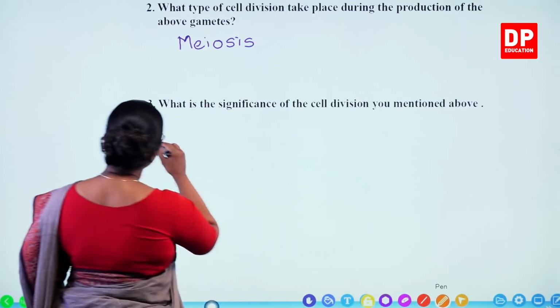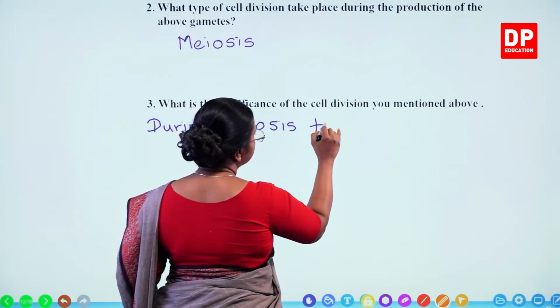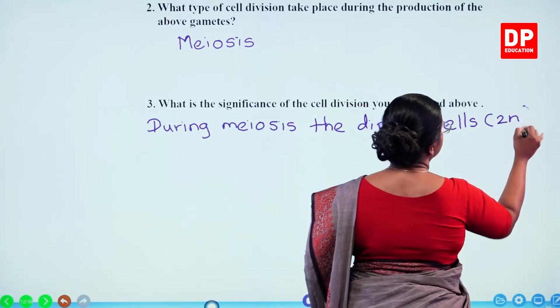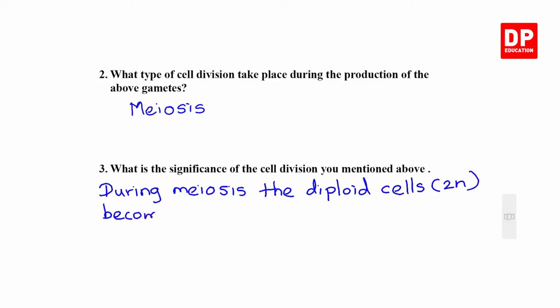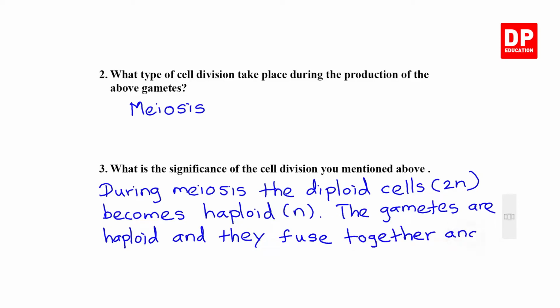You can say during meiosis, the diploid cells, that is 2N, become haploid, N. The gametes are haploid and they fuse together and form the diploid zygote.